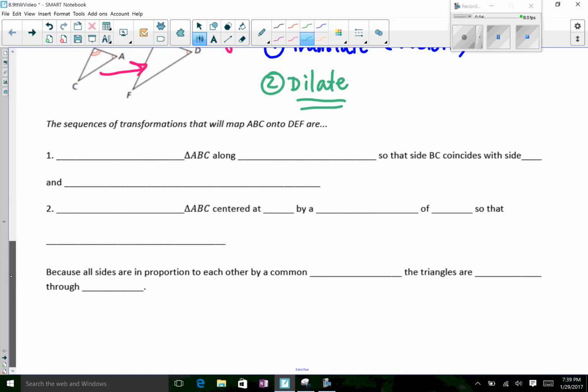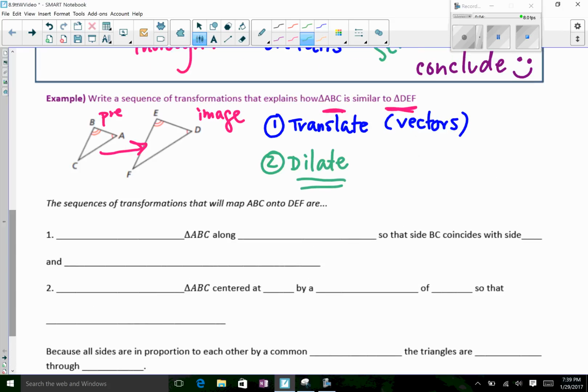So to start the response, the sequence of transformations that will map triangle ABC onto DEF are first your translation. So we'll translate triangle ABC along vector. And this is where you just want to be clear. I'll do along vector BE, just so that we're all being consistent across the board.